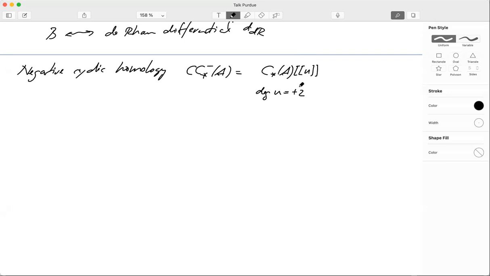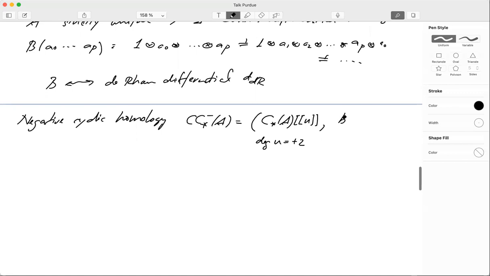So I just take many copies of Hochschild chains, and I'm going to combine these two differentials, one of them that has degree +1 with another one that has degree -1, by using this variable u, right? So this is going to be our analog of differential forms with this funny differential.